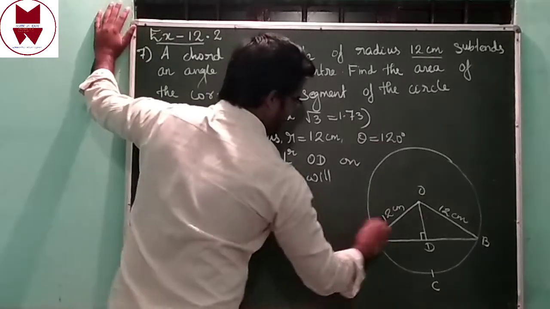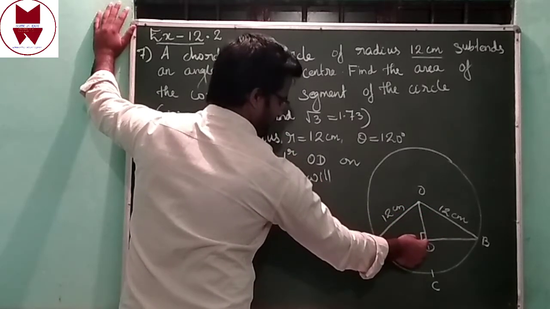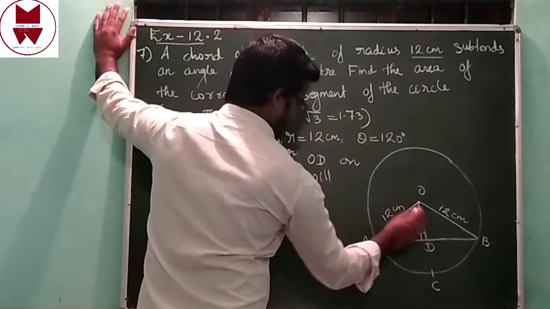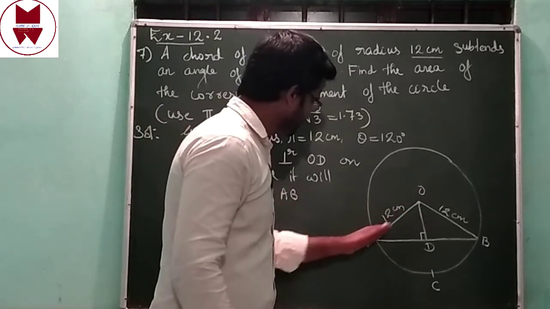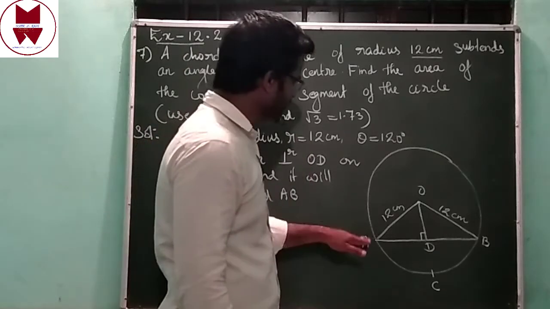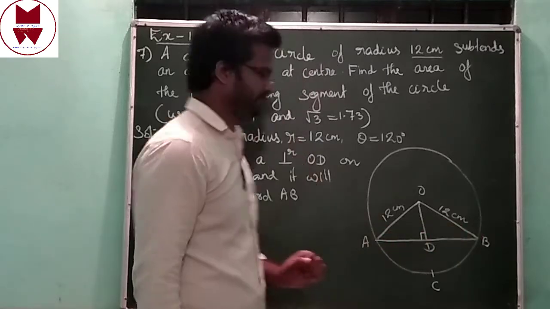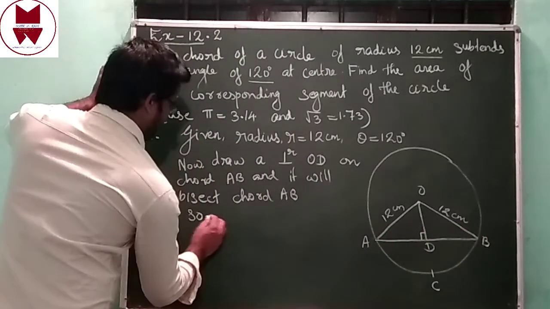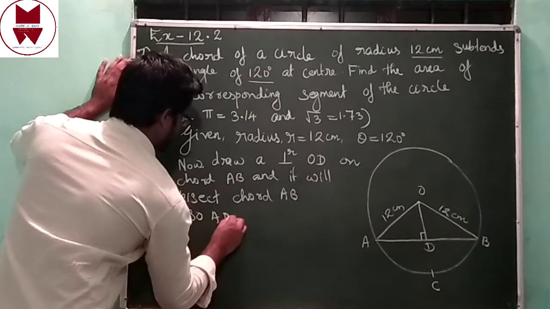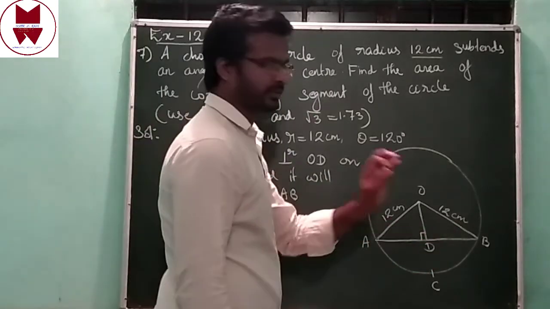If you draw one perpendicular line, this D will be the center of the chord, AB will be equally divided. The reason is that OA is 12 centimeter and OB also 12 centimeter. That's why if you make one perpendicular line, surely it will bisect our chord AB. So we can write, bisect means AD equals BD, because D is the center of the chord.